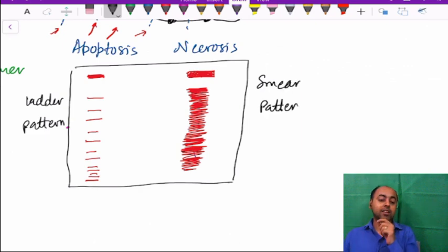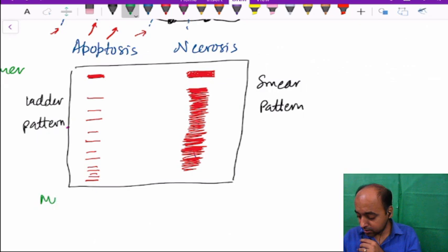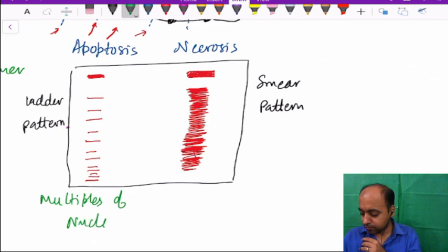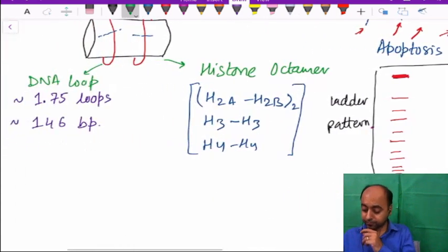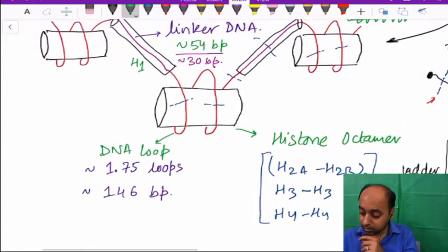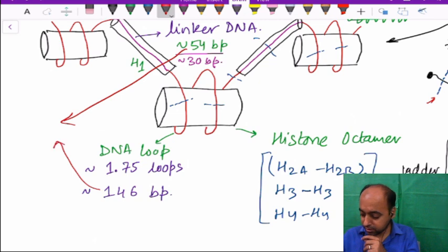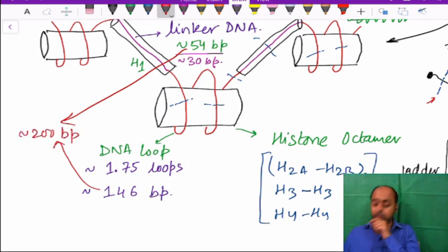So in our process, the ladder pattern that you see is actually multiples of nucleosome. The multiples of nucleosome meaning the 54 base pair and the 146 base pair, approximately 200 base pair per nucleosome.